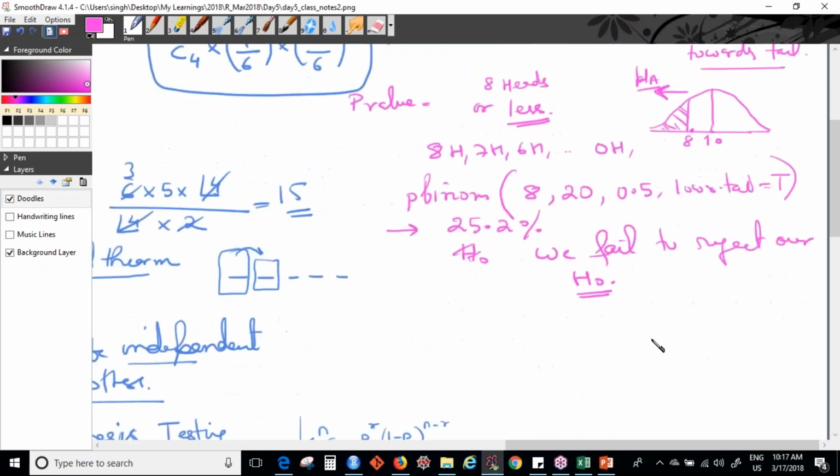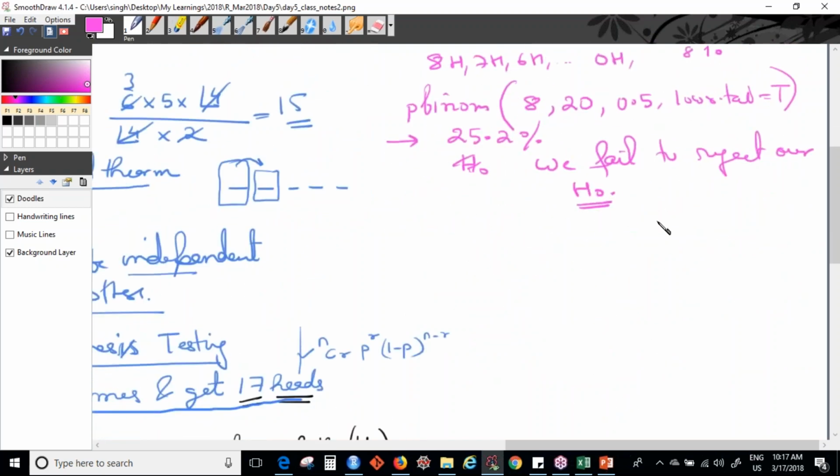We don't reject our null hypothesis, or we fail to reject our null hypothesis. And what was our null hypothesis? Our null hypothesis was that the coin is fair. So that means the coin is fair. Now we cannot reject our null hypothesis. So your final answer is that your coin is fair. Okay. Is this clear, guys?